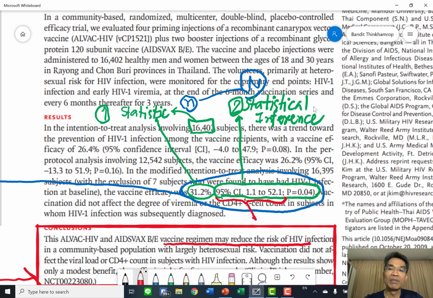This is called parameter estimation. Parameter means that quantity, that magnitude that would be found in the population, or the P, population, the S, sample statistics. This is parameter estimation.